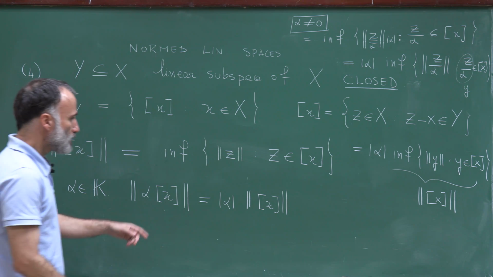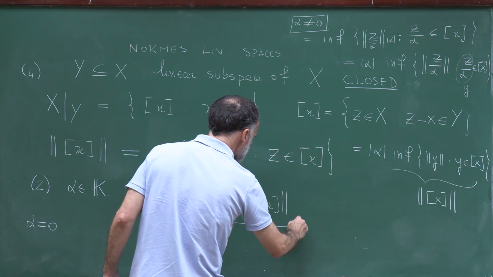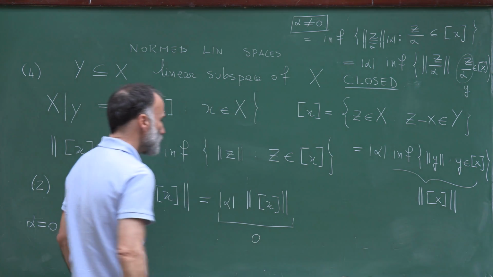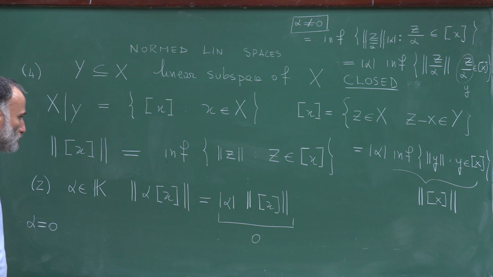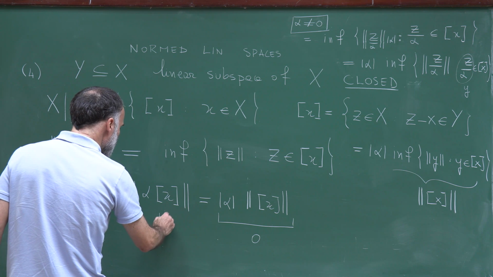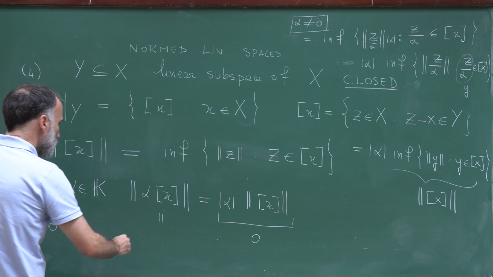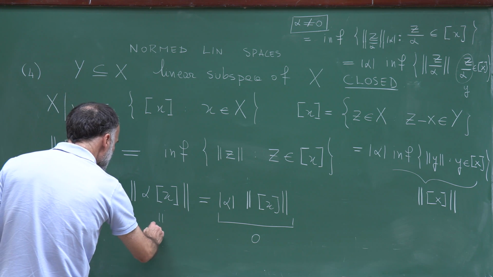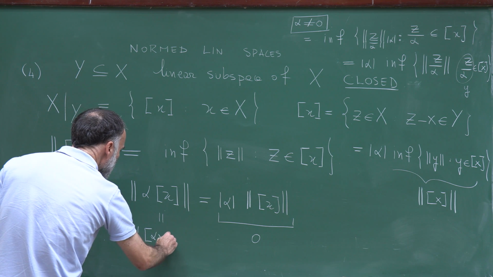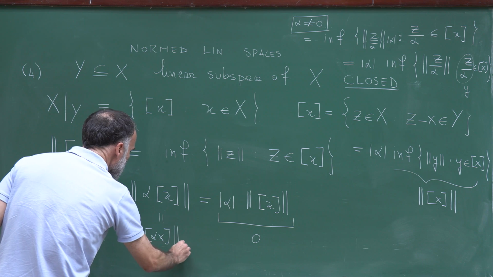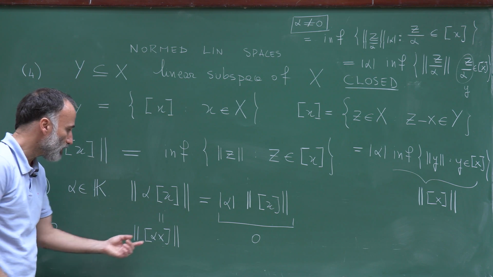If alpha is equal to 0, the right-hand side is just 0, because the absolute value of 0 is 0, while on the left-hand side, what we know is that this is the norm of the equivalence class of alpha x.